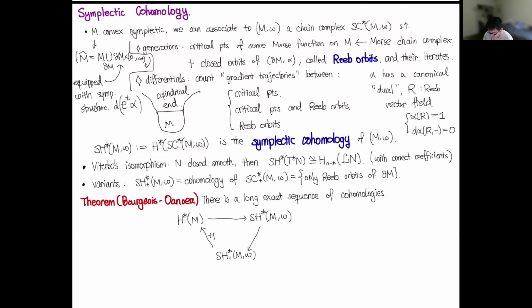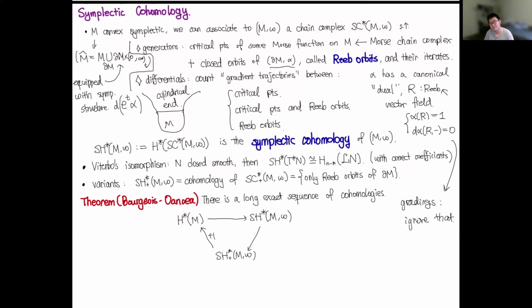So the closed orbits of this, the Reeb orbits, are just orbits of the Reeb vector field, and we also need to count all its iterates. And there are actually gradings that we need to talk about, but let's just ignore that.